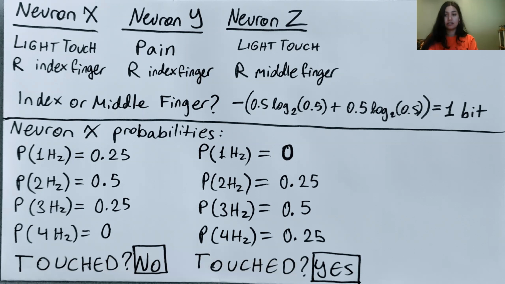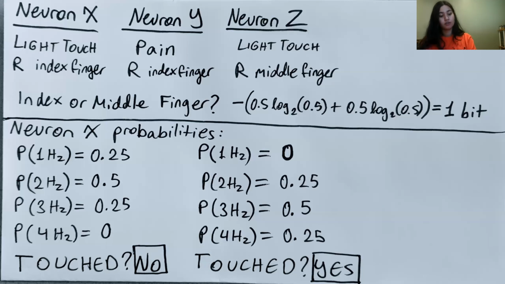If it knows neuron X is not firing, then the middle finger must be touched, since that's the only other option in this problem. But either way, our brain only needs to know about one of the neurons to figure out which finger is being touched. It's the same as the box situation.